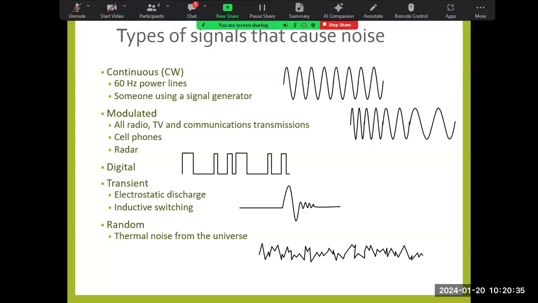So when you're looking at something, you're like, oh, it's not gonna mess with it. Yes, it will, because your electronics will read the envelope. Transient is one of the most fun things. Any sort of switching. And of course, we have my all-time favorite, the thermal noise from the universe. And it does make a big difference. You can actually see when there's a celestial event.